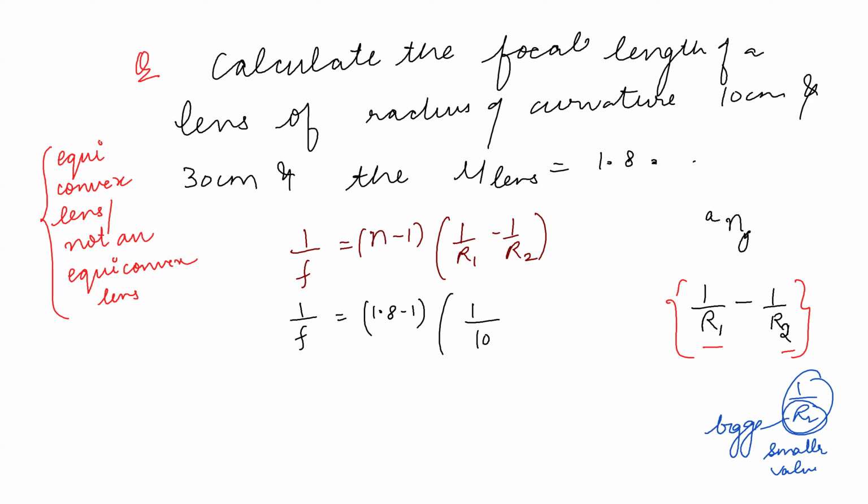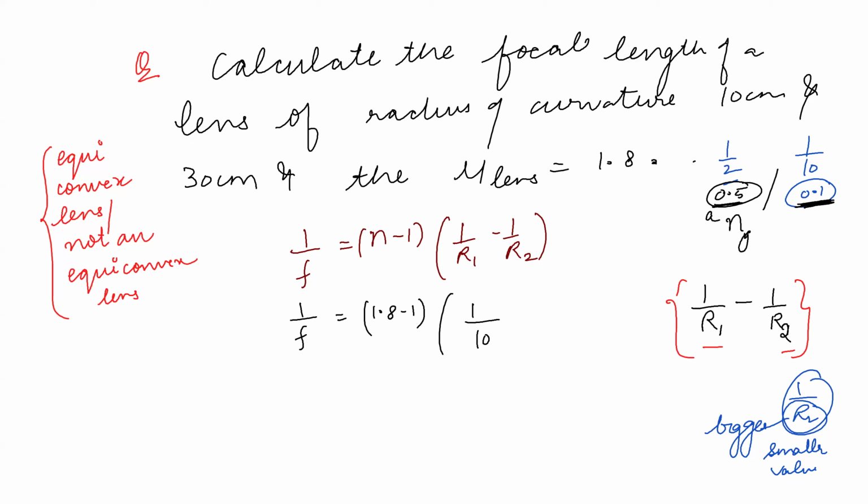You tell me, 1 by 2 is bigger or 1 by 10 is bigger. 1 by 2 comes out to be 0.5. 1 by 10 comes out to be 0.1. So what does that mean? It simply means that R1 has to be a smaller value than R2 for this to work.